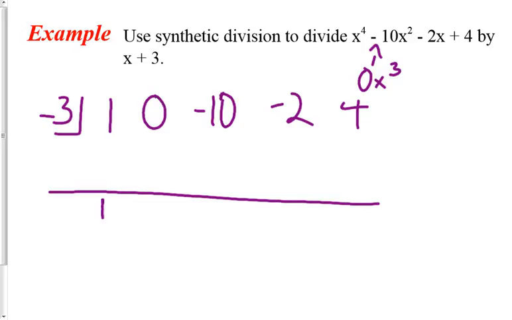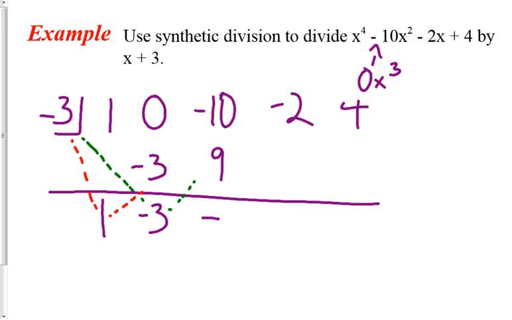So I'm going to bring down my 1, then negative 3 multiplied by that 1 gives me negative 3. Well, 0 plus negative 3 is still negative 3. My next step, negative 3 multiplied by negative 3. Well, that's going to give me a positive 9. Negative 10 plus positive 9, that's going to give me negative 1.